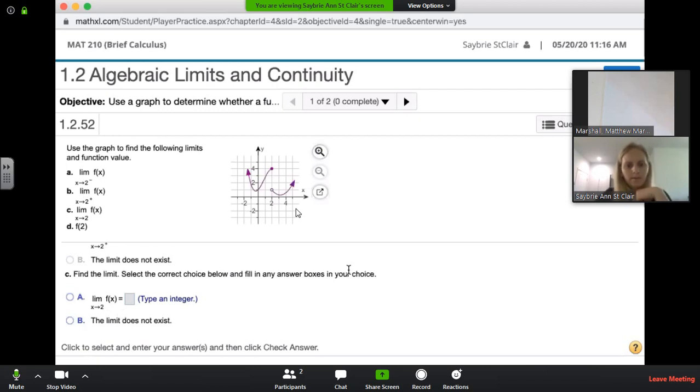And then this one, see that 2 without any symbols above it? For this graph, that limit does not exist, because to have a limit, the graph can't have that gap in it. Approaching 2 from the left you got 4, approaching 2 from the right you got 1.